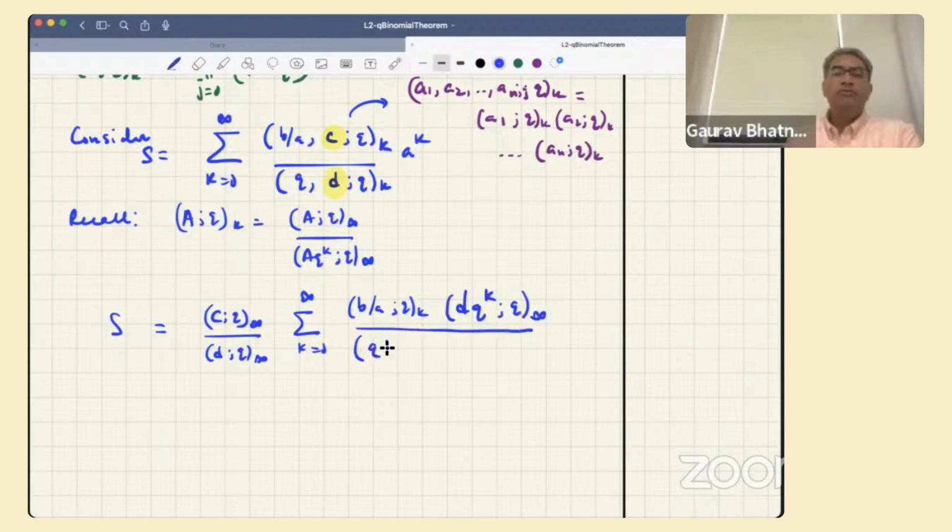Then you have (q;q)_k from this, and the top one will give you (cq to the k;q) infinity.